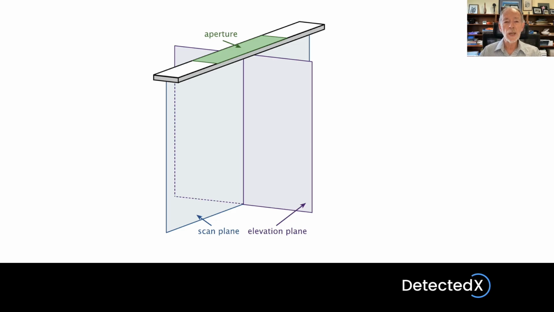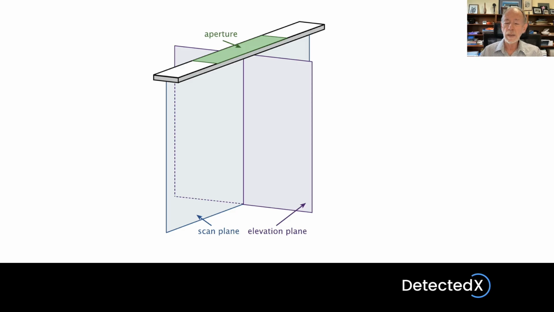Normally, we're looking at the ultrasound beam as it is projected into the scan plane. So we're looking at its dimensions within the scan plane. But it's important also to be aware that it has a third dimension, which we would describe as being the elevation plane beam profile.